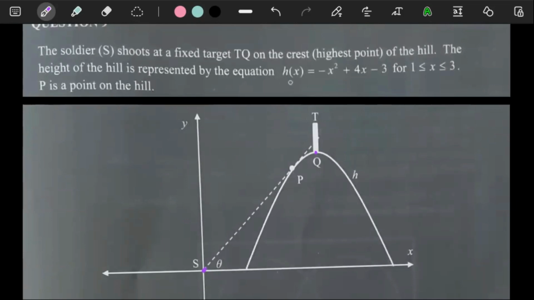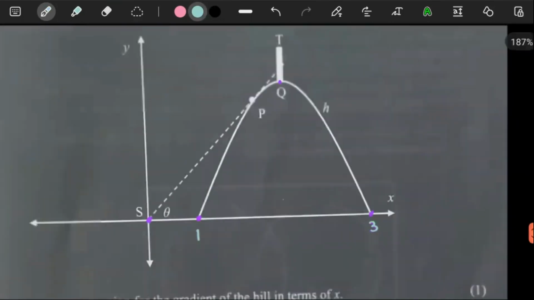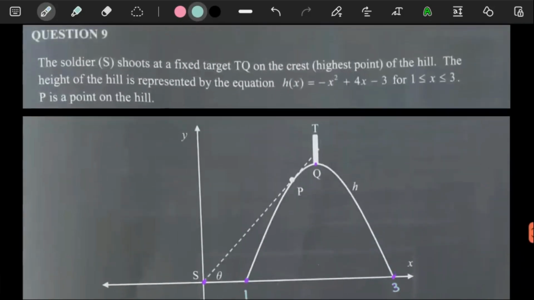Then it says your graph is only being shown from where x is 1 until where x is 3. So already we know that this x value is 1, this x value is 3. So this is 1 here, 3 there. So the big idea is, with that being said, what does it say?